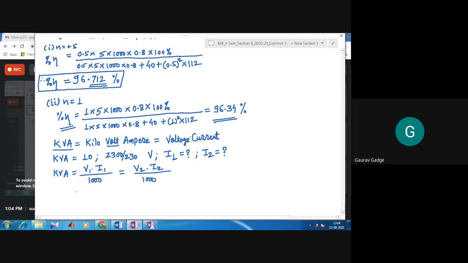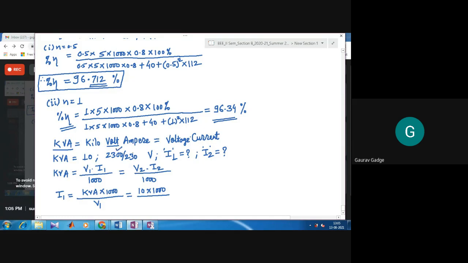Now, if I have to find the value of I1, the primary current, I1 is equal to KVA multiplied by 1000 divided by V1. The KVA value is 10, multiplied by 1000, divided by V1.